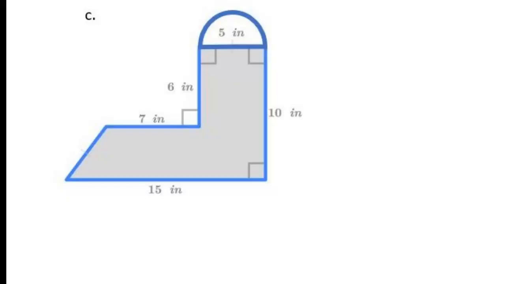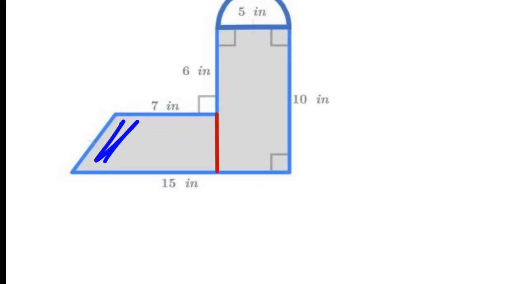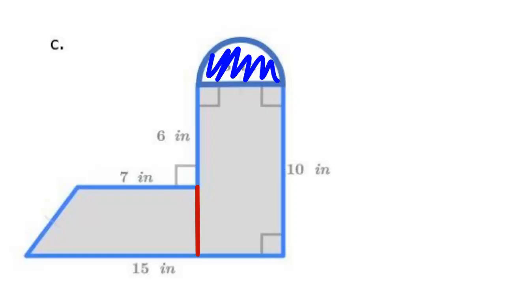So if I were to cut this right here, what would we call this? That's a rectangle. And this? Trapezoid. What about this? Semicircle, yes. It's a semicircle.